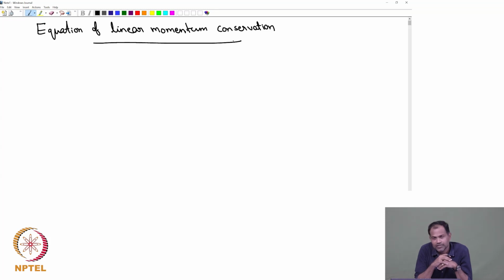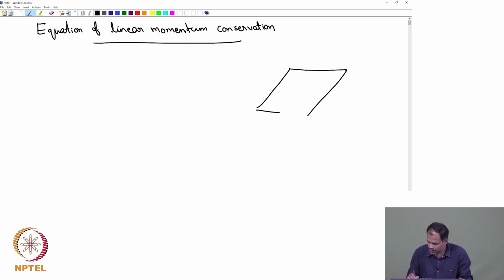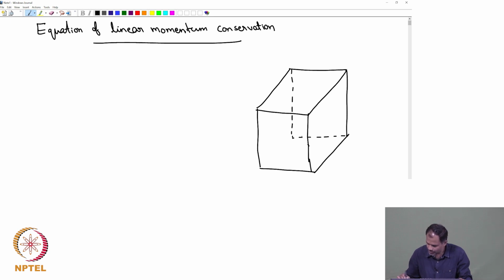We will first consider a control volume. Let us consider a control volume, and let us say that we are going to fix it at the origin of our coordinate system.